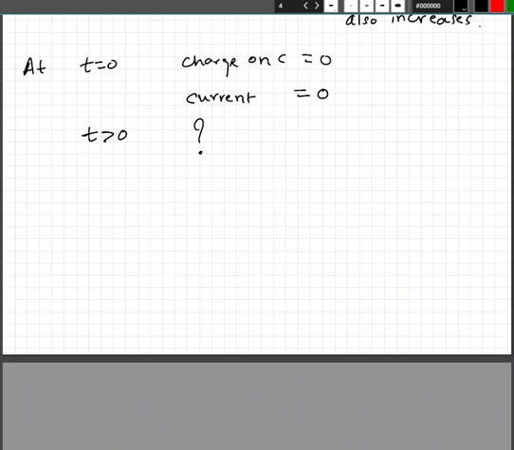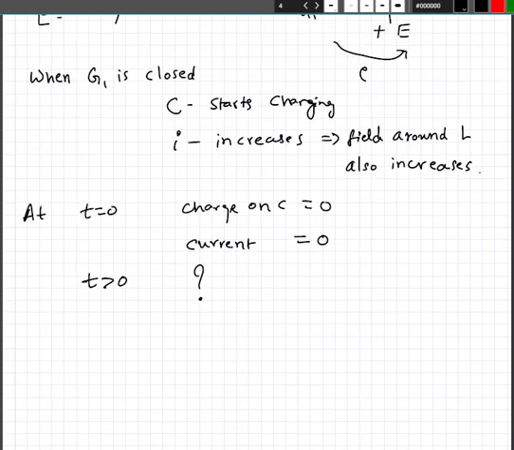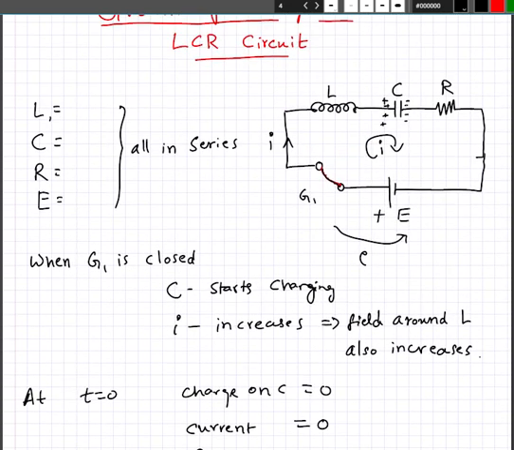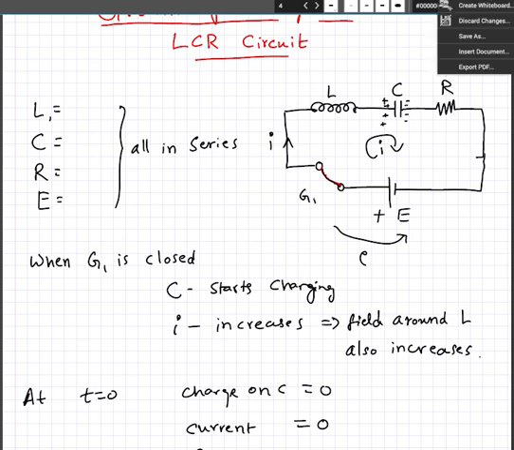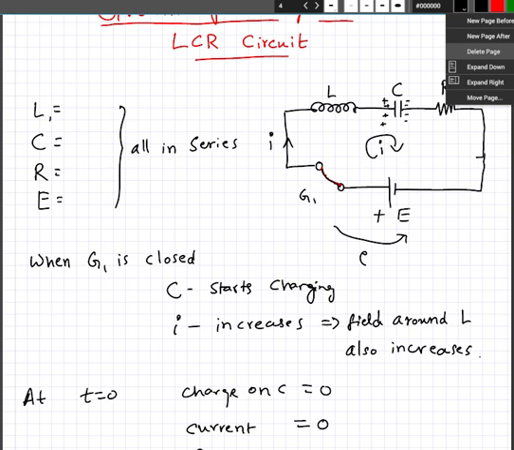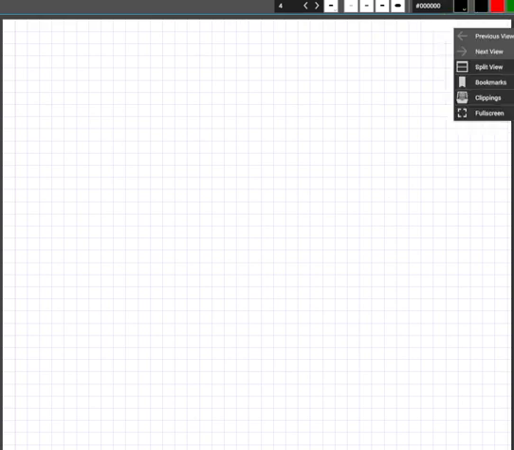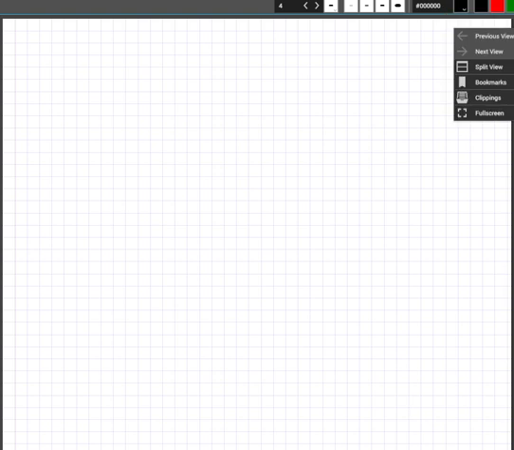So look at the circuit. From the previous derivations, the voltage across the capacitor.